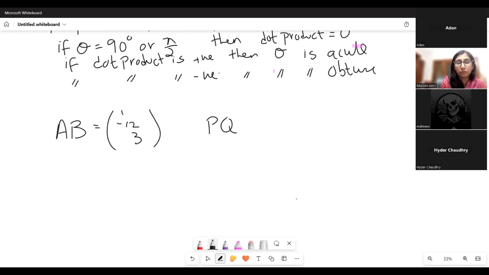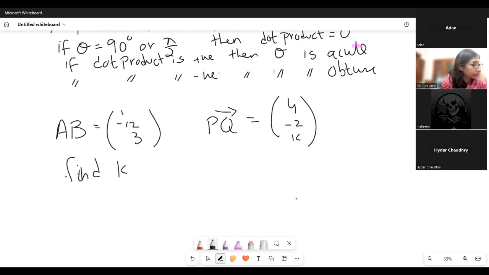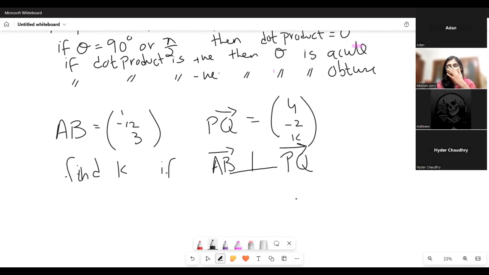PQ equals 4, minus 2, K. Find K if AB vector is perpendicular to vector PQ. So if the vectors are perpendicular to each other, that means cos 90 is 0. That means the dot product is 0.